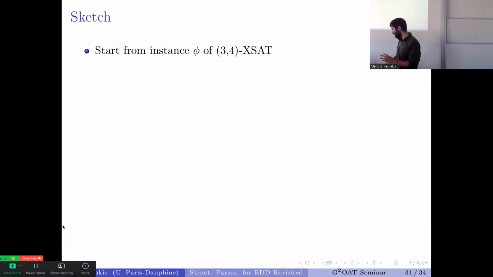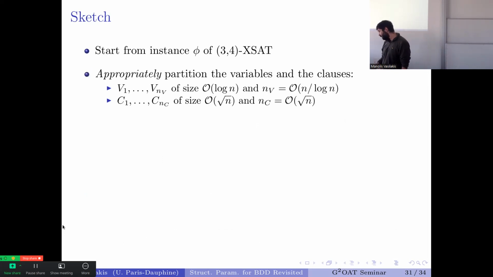I will talk a bit about the construction, but we will start from an instance phi. And we will partition our variables and our clauses into groups of this size and that many. By appropriately, I mean that for every clause group Ci, it will have at most one clause that contains a variable from Vj.